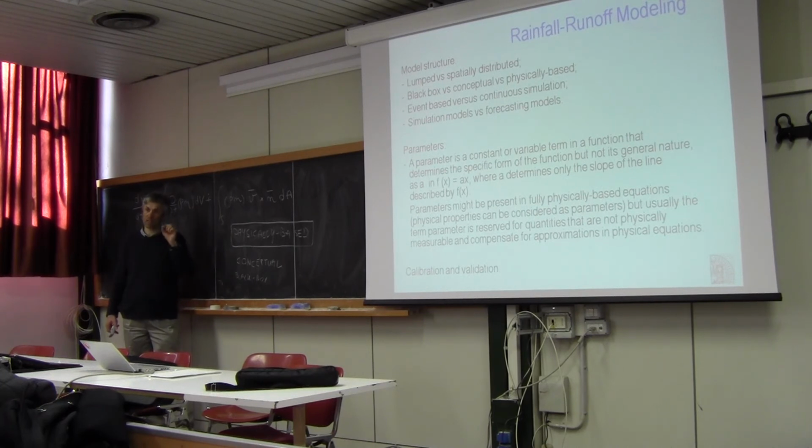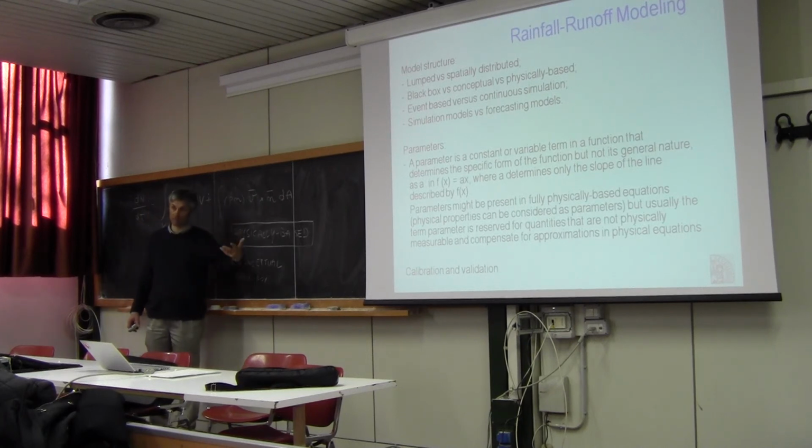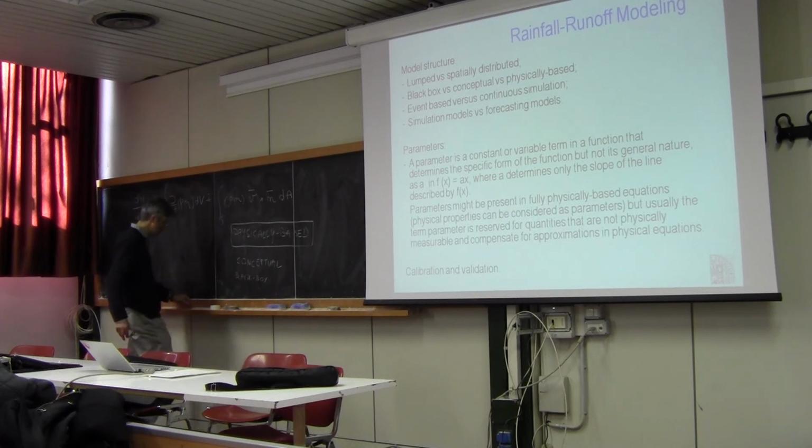The parameter can be a constant or can be variable in time. It is something that appears in these equations, and if you change the parameter, you change the shape of the equation but not the structure. Let me be more clear.